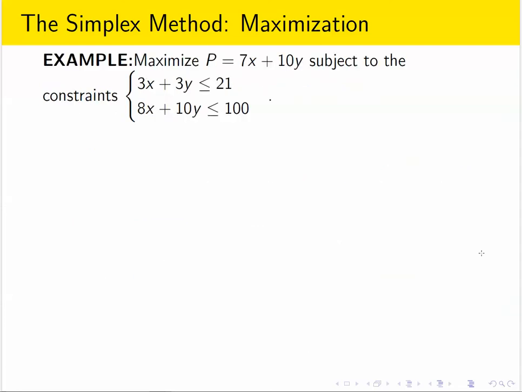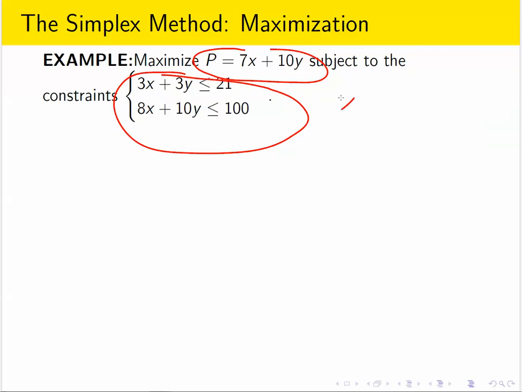So for example, if we are asked to maximize this function subject to these constraints. And we should add here, since we're going to use the simplex method, that we were really also going to need to know that the variables are non-negative. But I'm leaving that out of our description so that we can focus on the primary constraints, which are the ones we need to change into equations.